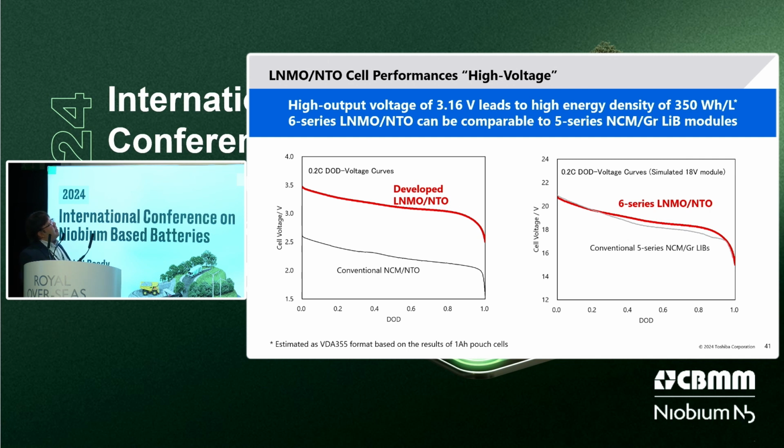And in contrast, the conventional NCM-NTO chemistry shows a lower voltage curve. And also, we simulated 18-volt modules. As you can see here, the 6 series LNMO-NTO can be comparable to the 5 series NCM graphite lithium-ion batteries. And we can see almost the same discharge curve, and this is a very important thing.